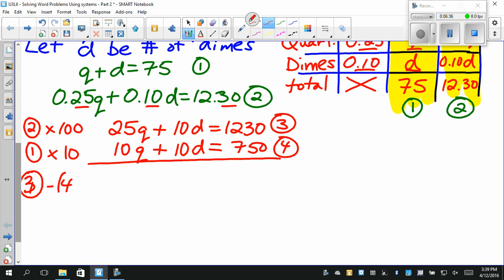So 25Q minus 10Q is going to give me 15Q. 10D minus 10D is nothing, so we can just leave that. And then if we do 1230 minus 750, you guys can double check for me, but I think we get 480 there.